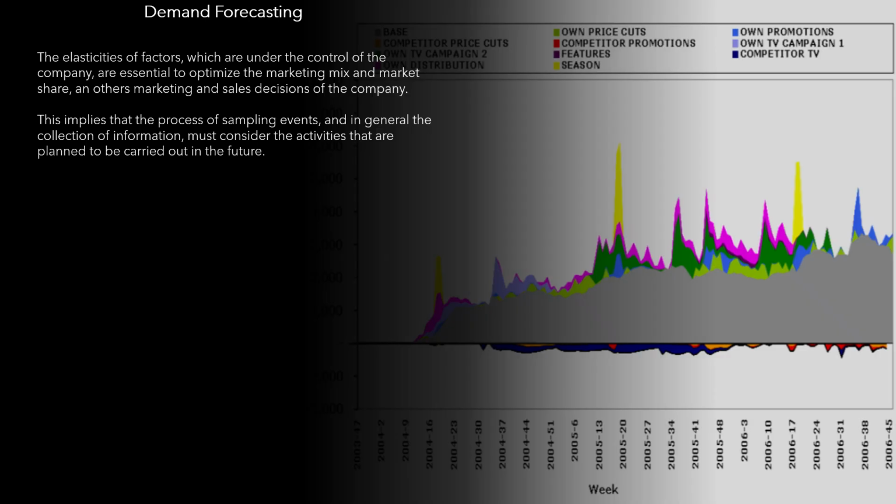The elasticities of factors, which are under the control of the company, are essential to optimize the marketing mix and market share, and other marketing and sales decisions of the company. This implies that the process of sampling events, and in general the collection of information, must consider the activities that are planned to be carried out in the future.